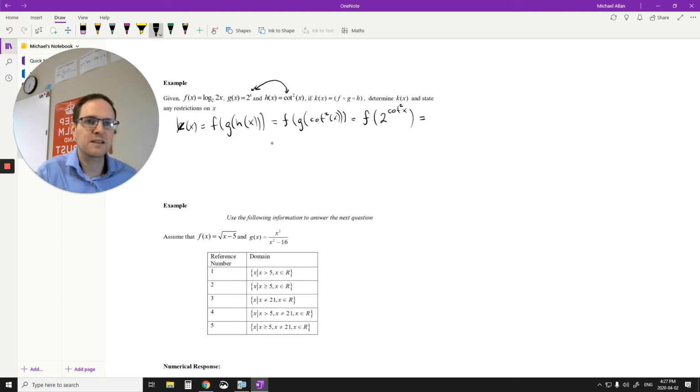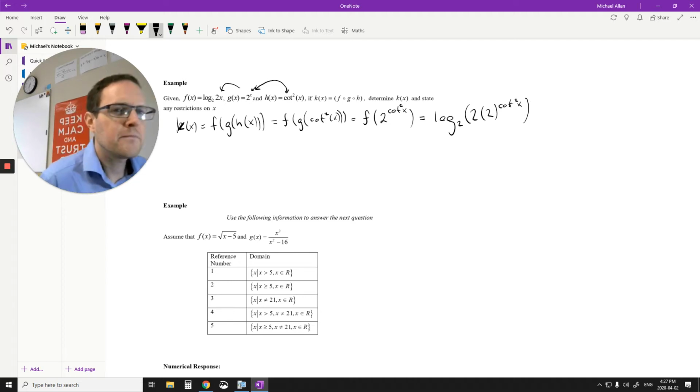And then I'm going to replace whatever I got there and put that into this log here. So log base 2 of 2 times 2 to the cotangent squared x. There you go. We can probably do a few things to simplify this down.